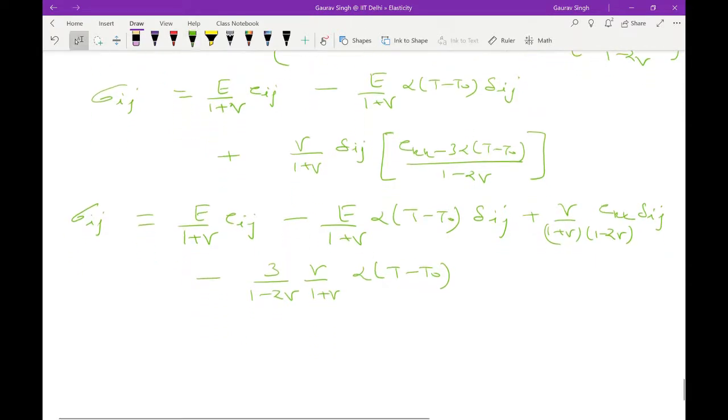So far so good. Let's see if we can reduce some of them. E by 1 plus nu can be written as 2 mu. So this can be written as 2 mu.